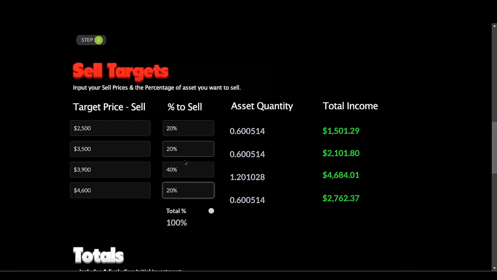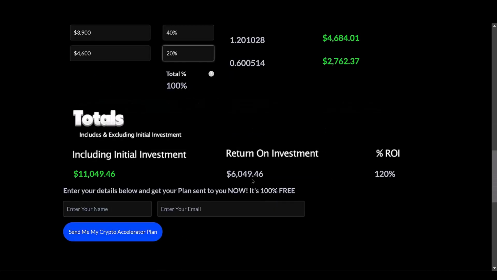You can adjust these percentages depending on your investment style, and you don't have to sell all the Ethereum. You may only want to sell 80% and keep 20%. That's totally up to you. So let's look at our totals, and our total return on investment is $6,000 for the $5,000 we spent, which is a 120% return on investment.